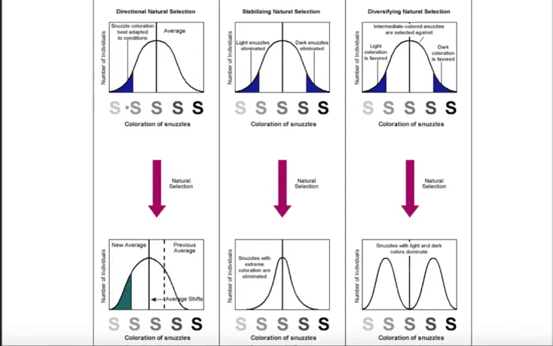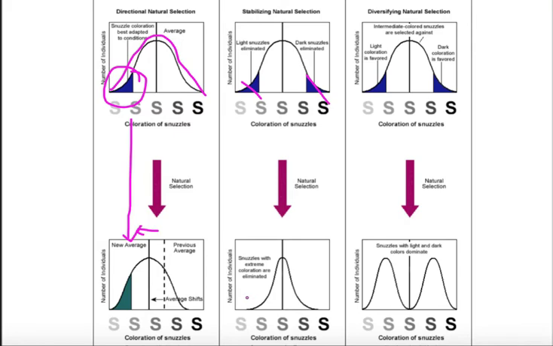And so these graphs, we're just going to try to preview a little bit, are trying to show you on the left here some original distribution of traits for a species, the coloration of snuzzles. Snuzzles, some fake animal. And in this graph, they're trying to say that the snuzzles here are best suited to their environment. So over time, if we look, there gets to be more individuals on the left side here, and the average moves to the left.